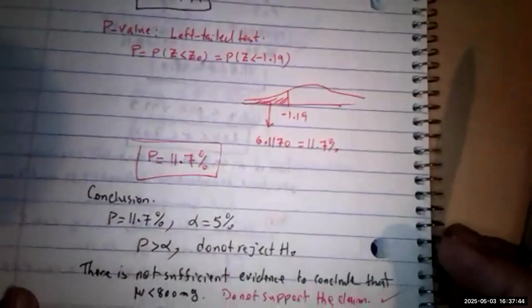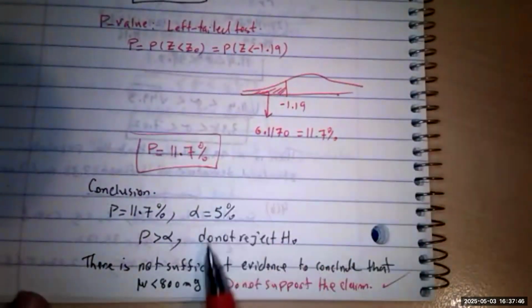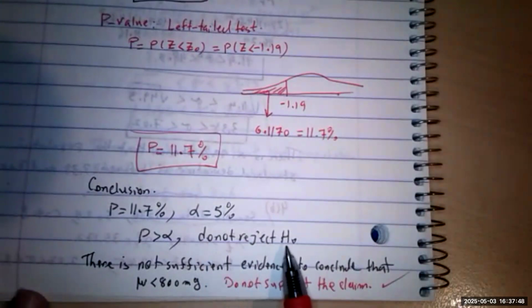If you accept it, you say there is. But again, I repeat it: do not reject the H naught means you are favoring H naught. If you believe in H naught, you don't believe in H1.